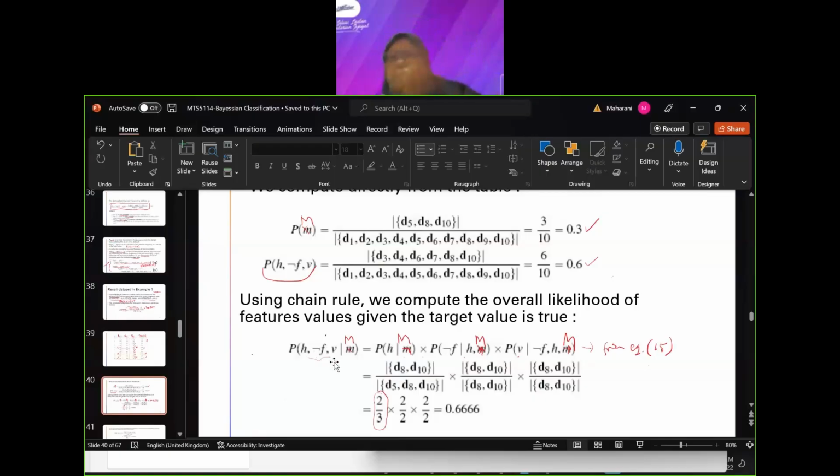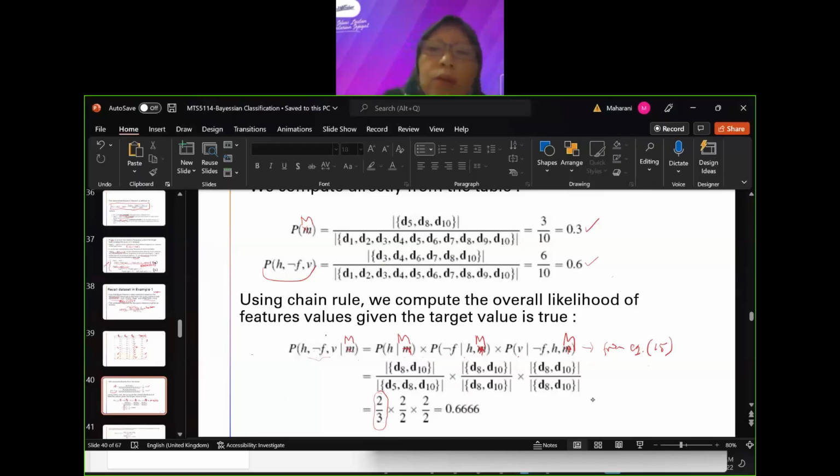Always like that, and so on. So that is the chain rule from equation 15. That is how to compute the probability of some features given the target condition. Okay, we are done with this one. Clear? This one, H given M.